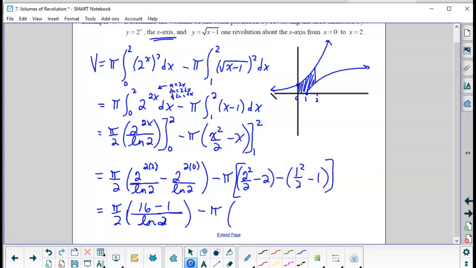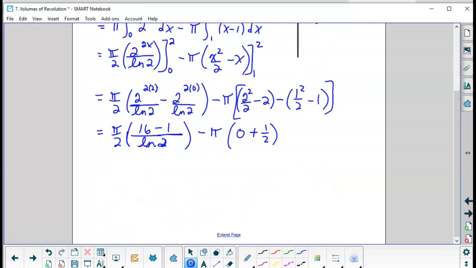And here, 4 divided by 2 is 2, minus 2 is 0, minus 1 half minus 1 is negative 1 half, so that's going to be positive 1 half. So that's going to be 15 pi over 2 ln 2 minus pi over 2.